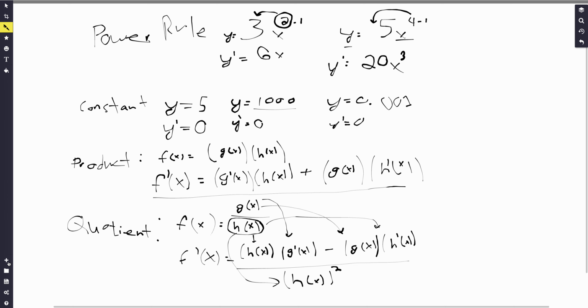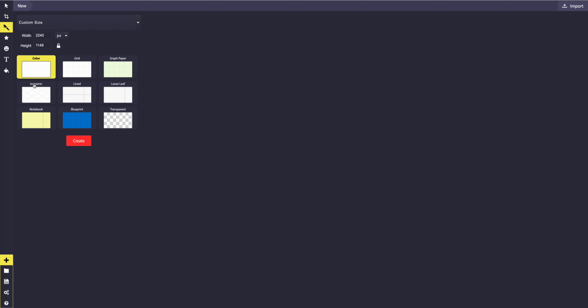And I have one final rule that you guys should be familiar with, and that is the chain rule. So the chain rule can be depicted like this. y is equal to f of g of x.